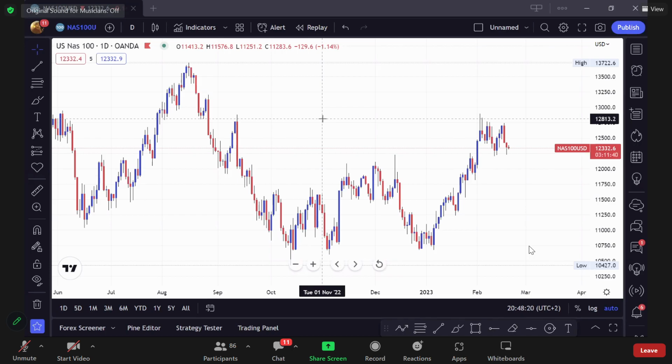So basically, we already know that a change of character is the action we look for to confirm both entry and exit from a trading range. Write that down. Why do I say that?